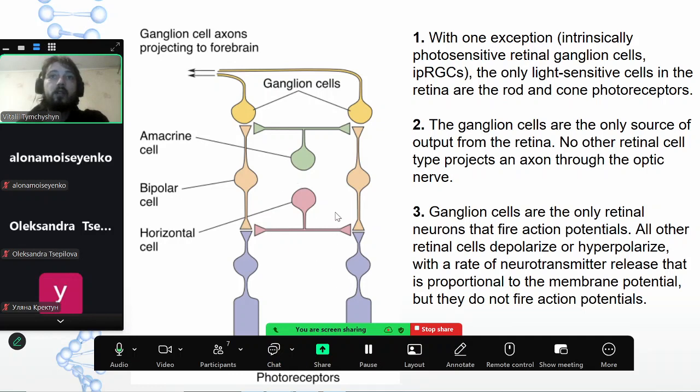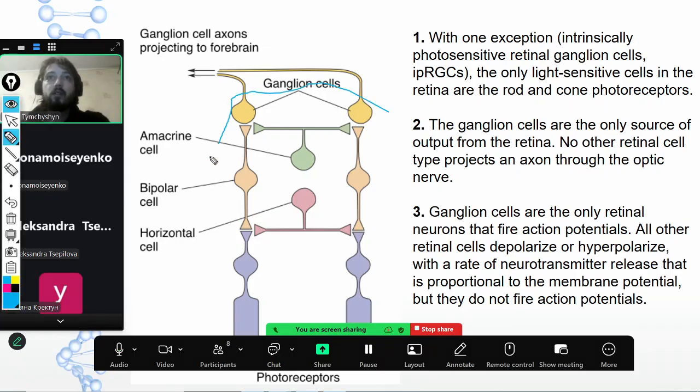Here you see horizontal cells, bipolar cells, amacrine cells, and everything gets to the ganglion cells that project their axons to the forebrain. So all these things are performing certain processing, and then the signal in form of some action potentials gets to the brain and signalizes to the brain that we have seen something.